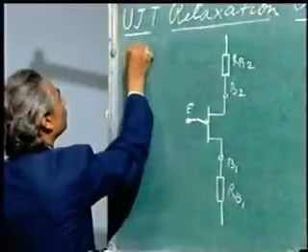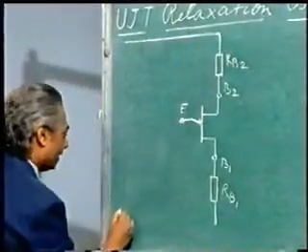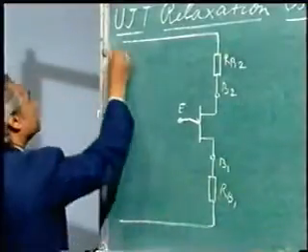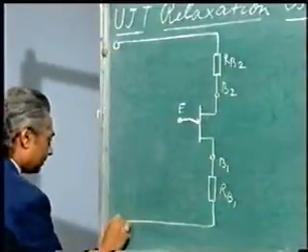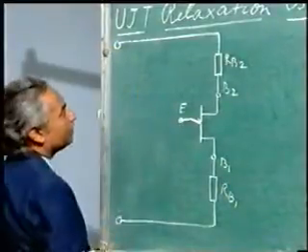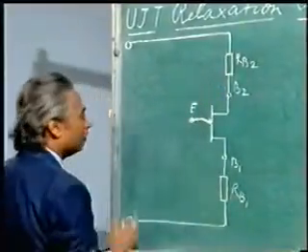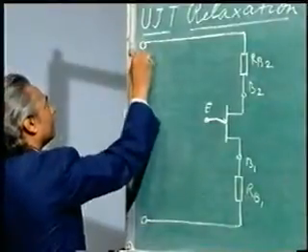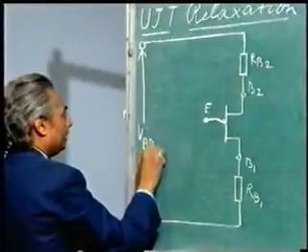Suppose I connect a power supply between the 2 bases like that. This power supply which is connected between base 2 and base 1 will be the inter-base power supply, and I call it VBB.